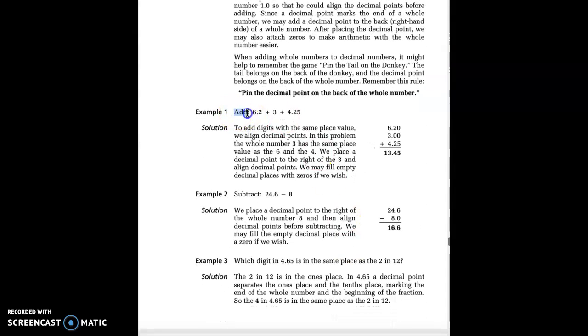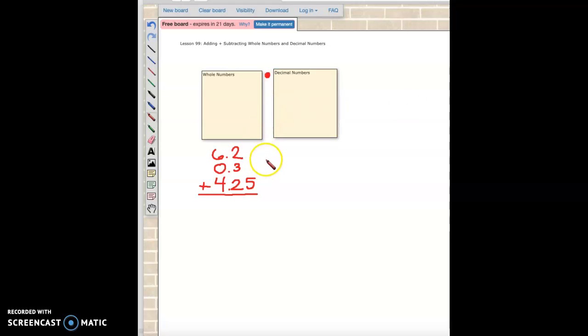So example 1 is adding these 3 numbers. Well, notice they all have different place values. We have a number with a 10th, we have a number as a whole number, and we have a number with 100th. So in order to add that up, we need to line up the decimal places. And here's our example right here. We lined up the decimal. All of our whole numbers are lined up.